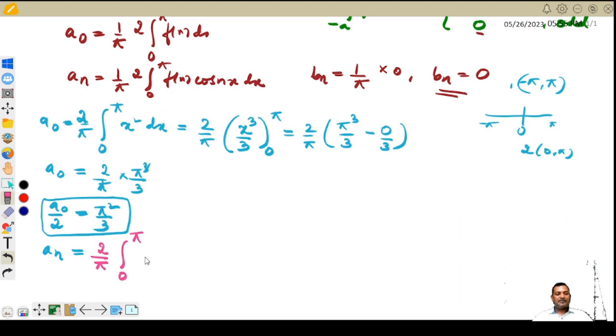So this is f of x is x square into cos nx into dx. This integration is very easy, just as we have done in the previous example.